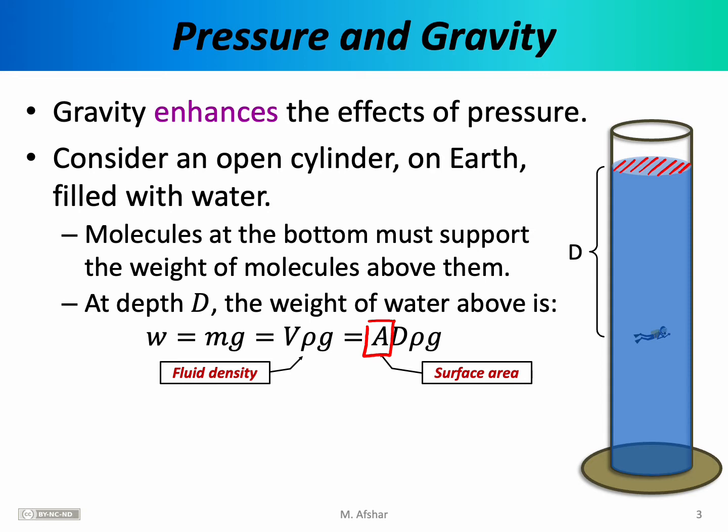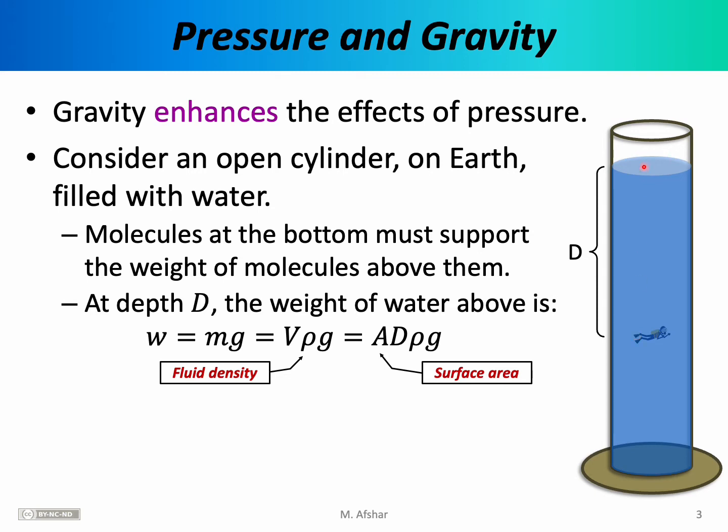This expression is important because it tells us the weight that a molecule at some depth d must support above it. Pressure, of course, is force divided by area, so by taking this expression and dividing by area, we find the pressure at depth d.